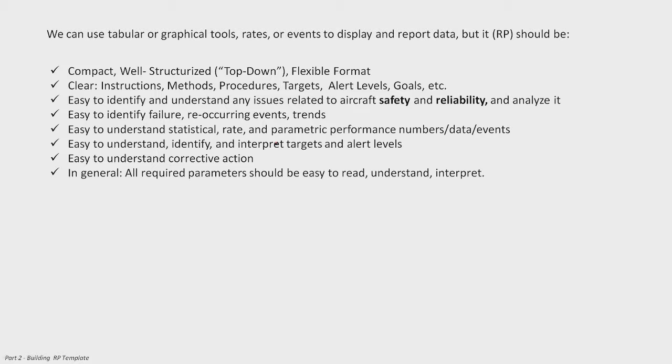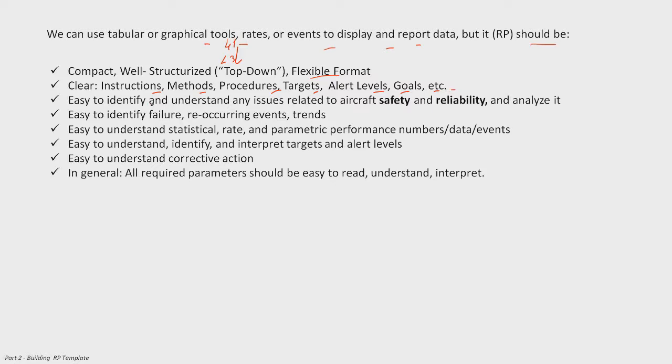We can use tabular or graphical tools, rates, or events to display and report data, but the reliability program should be compact, well-structured, top-down approach. You remember what we said a couple of slides back: L1, L3, flexible format, clear instructions, methods, procedures, targets, alert levels, goals, etc.